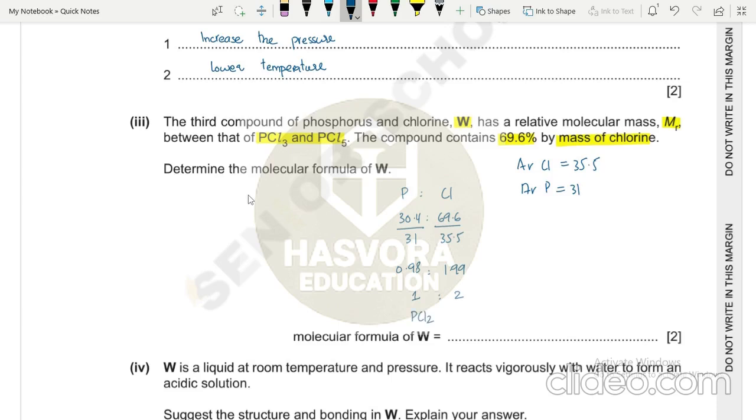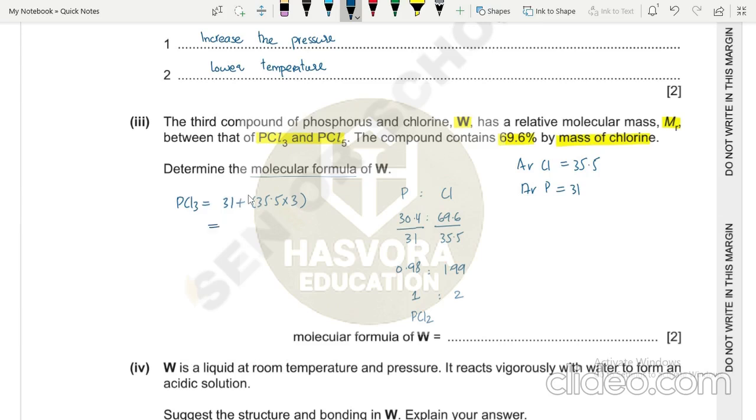Now the important thing here is that they have asked you about the molecular formula, not the empirical formula. And they have given you a hint that it is between that of PCl3 and PCl5. So PCl3, let's calculate its mass. It will be 31 plus 35.5 into 3.